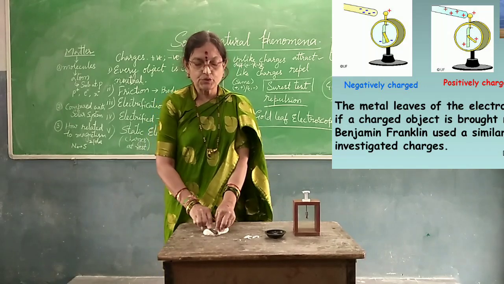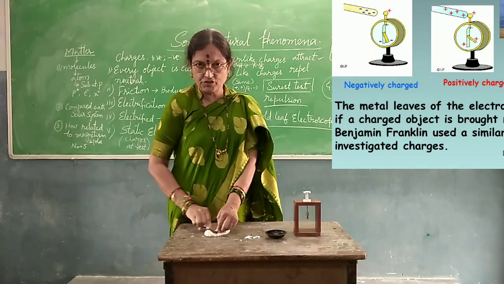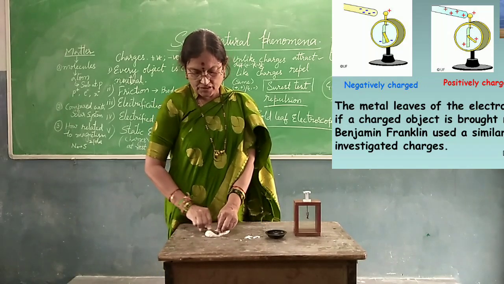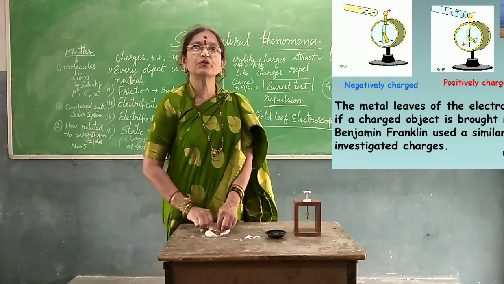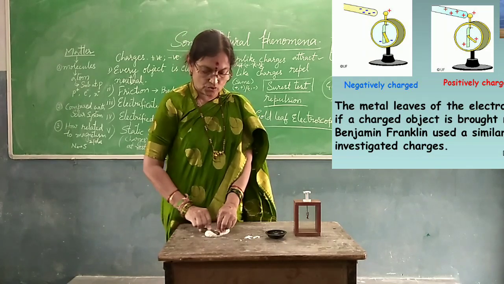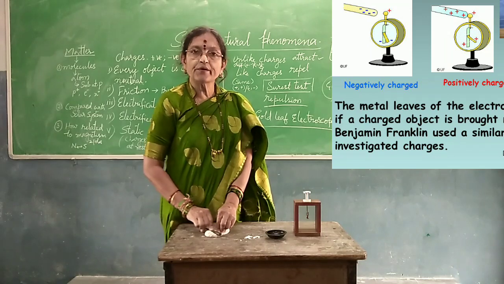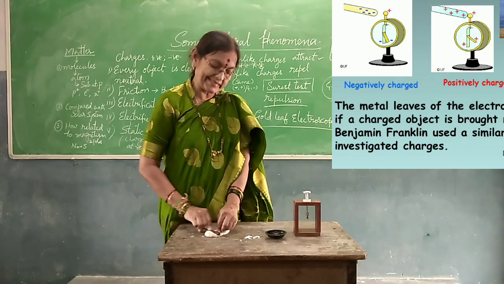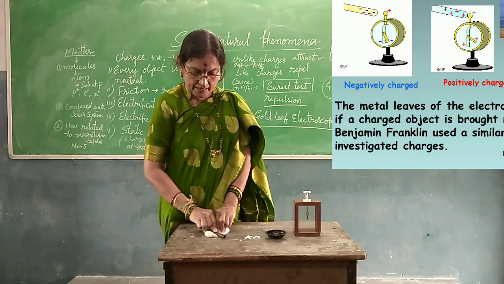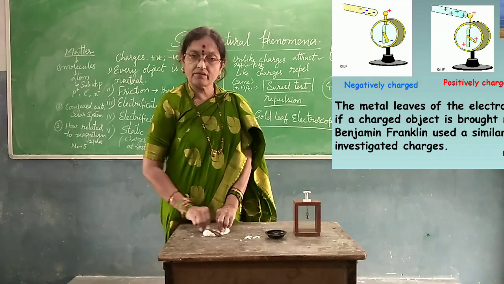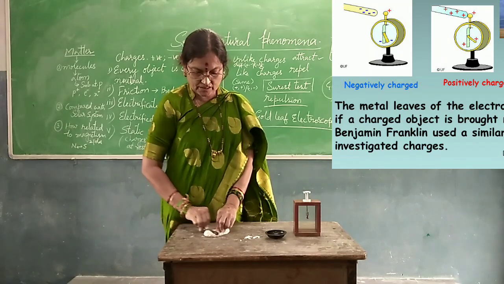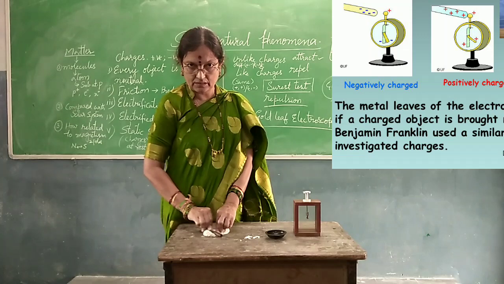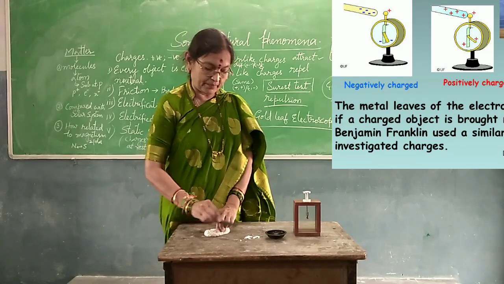So sometimes, in the frictional method, see, attraction happens even though the other object is not electrified; it gets attracted. Now I am electrifying only the ebonite rod by friction, rubbing with the woolen cloth and placing it near the paper bits.